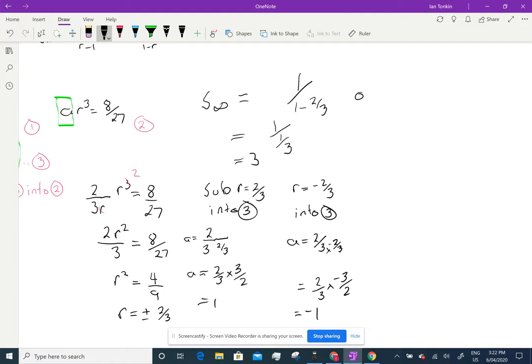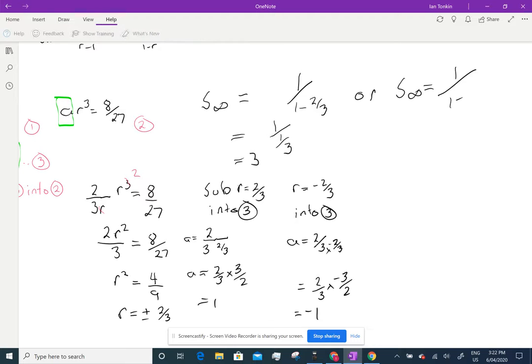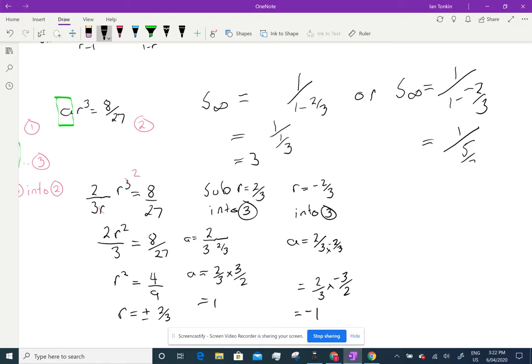Or S of infinity equals 1 on 1 minus negative 2/3. That's ugly, I'm just going to tidy that up. Which gives me 1 and 5 on 3, because 3 minus 1, yep. Multiply by the reciprocal, 3/5.